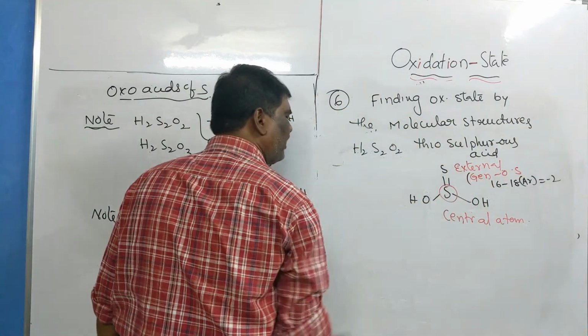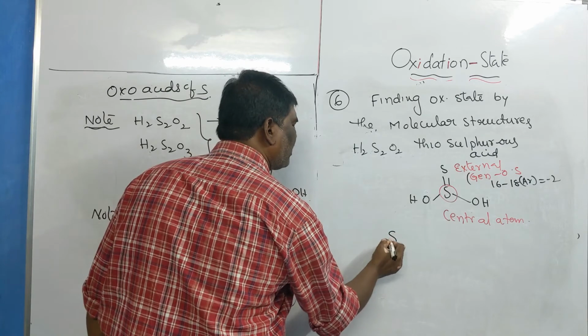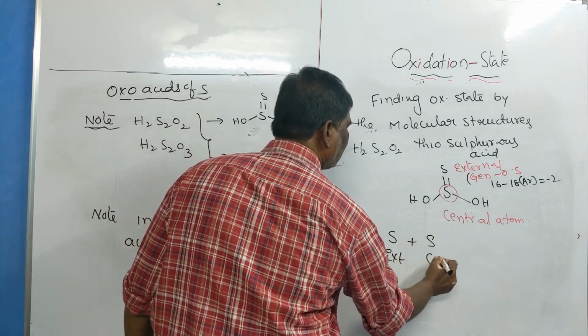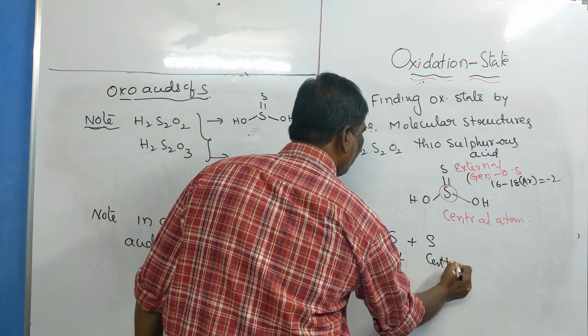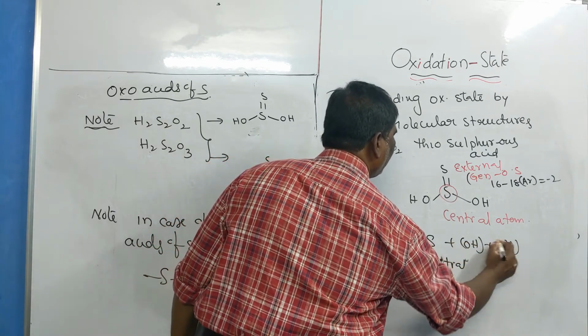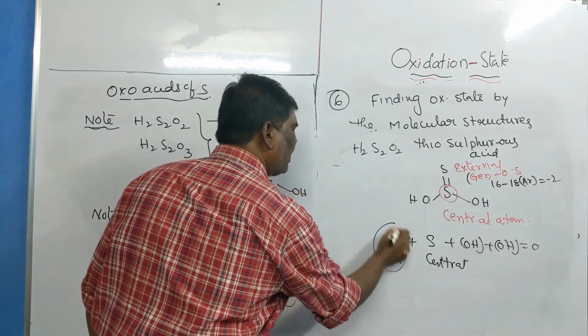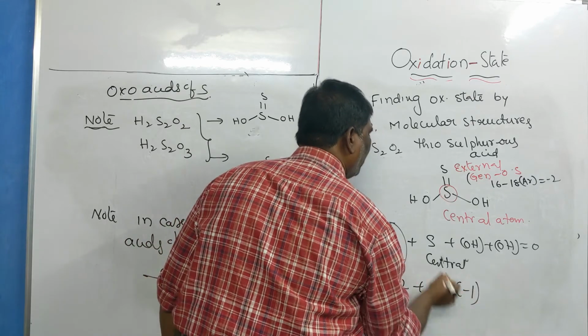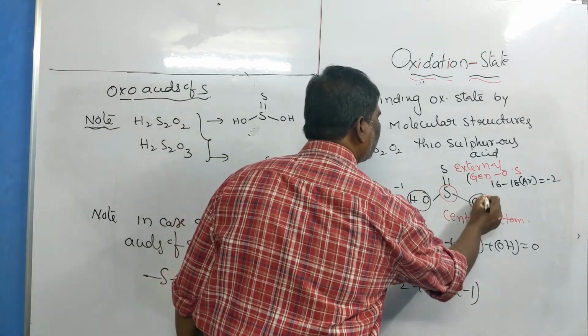Now we calculate the central atom. External atom plus central atom plus OH group, again OH group, equal to 0. So external atom, I told you, -2, plus sulfur, plus OH, each one is -1 and -1.